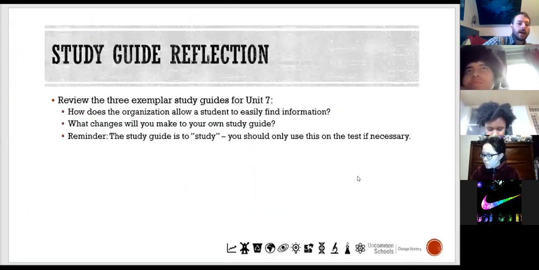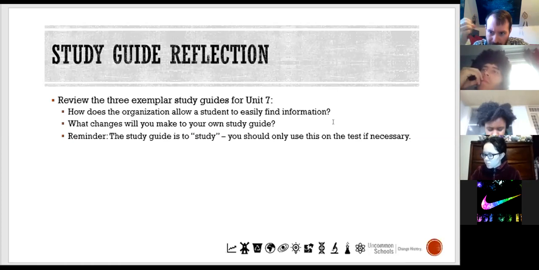Towards that end, there are a couple study guides in your student handout, from a couple of students who got those in early. Take a look at those. I want you to think about three things while you're reading through them. Can you easily find the information? Is it a good study guide? How are you going to modify your study guide in response?